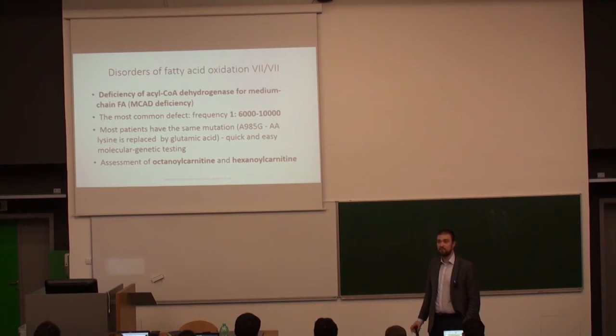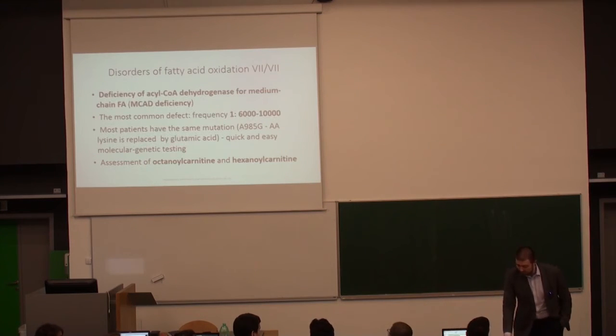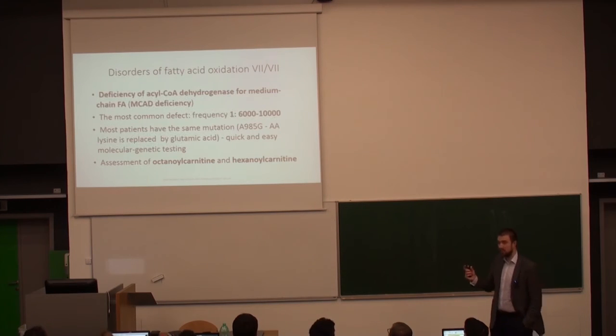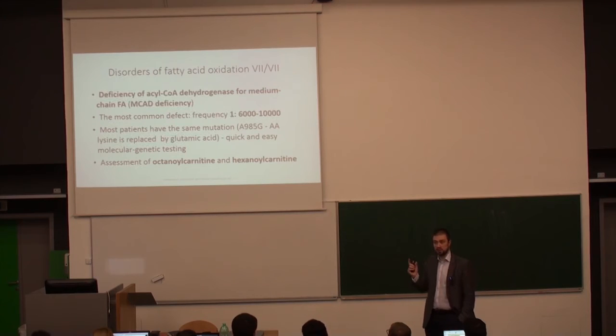Any question? Can you please repeat, the lysine replaced by glutamic acid? You do not have to know it, but this is the typical disease. You know, for some diseases you can have many mutations that lead to the same result.